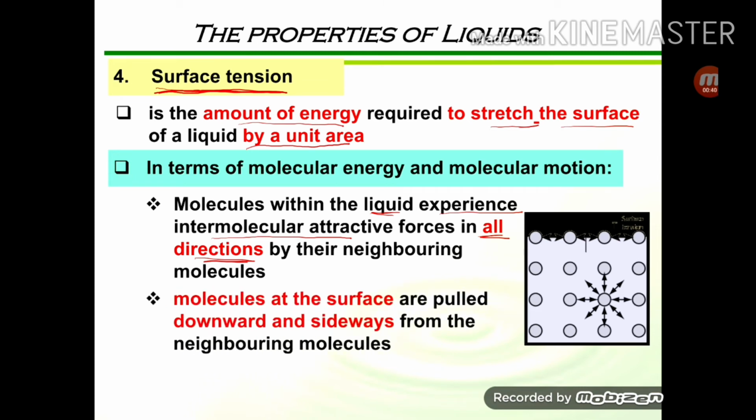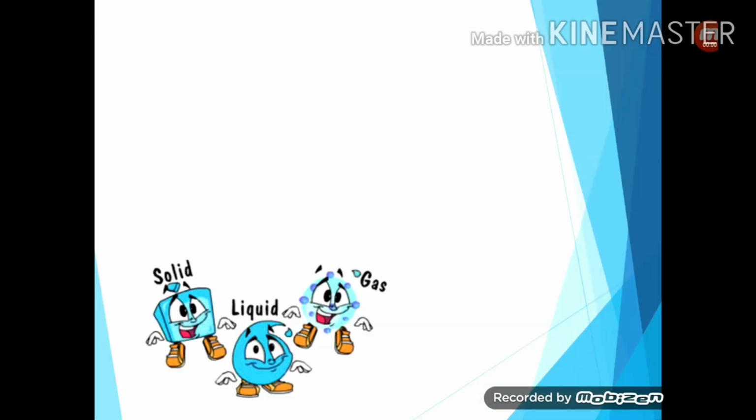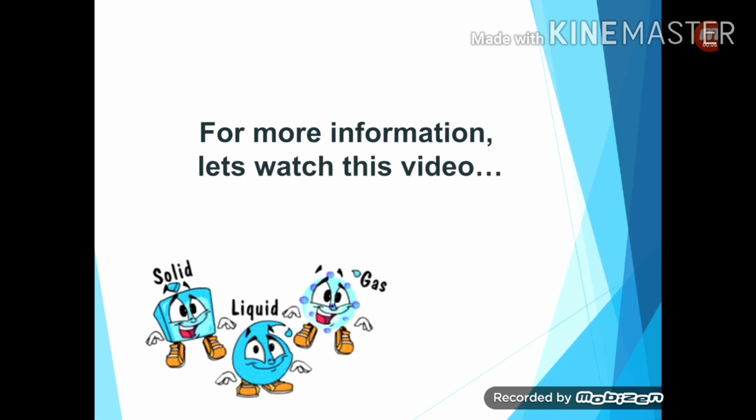But molecules at the surface are pulled downward and sideways by the neighboring molecules. This will cause the surface to stretch and tighten. The stronger the intermolecular force, the higher the surface tension. For more information, let's watch this video.